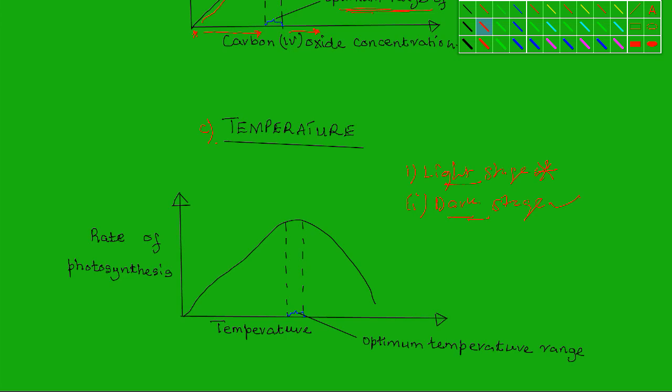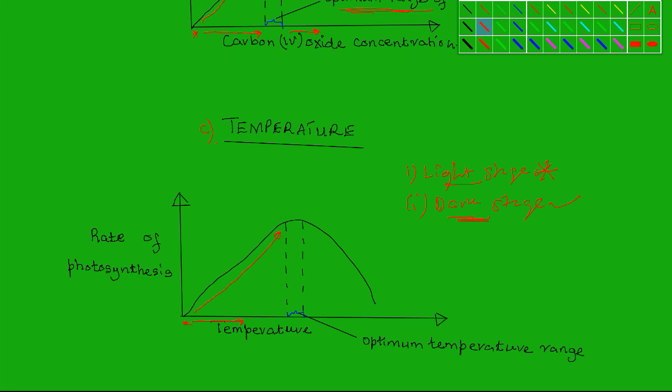Hence, an increase in temperature leads to an increase in the rate of photosynthesis, because the temperature affects the second stage. So as the temperature rises, such as at a low point here, an increase in temperature will also lead to an increase in the rate of photosynthesis up to a certain point.